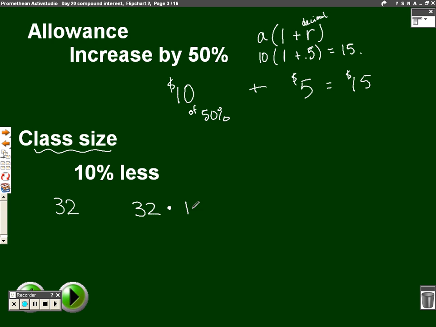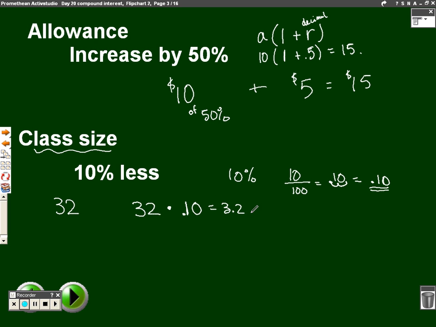And 10% as a decimal looks like this. 10%. I think of this as divide by 100. 10 divided by 100, with the decimal here, we move it 2 places, and 10% really equals 0.10. So as a decimal, 10% is 0.10. So I'm going to multiply 32 times 1/10, and I get 3.2.